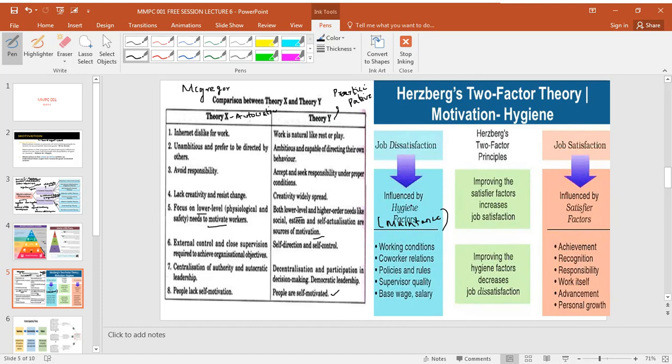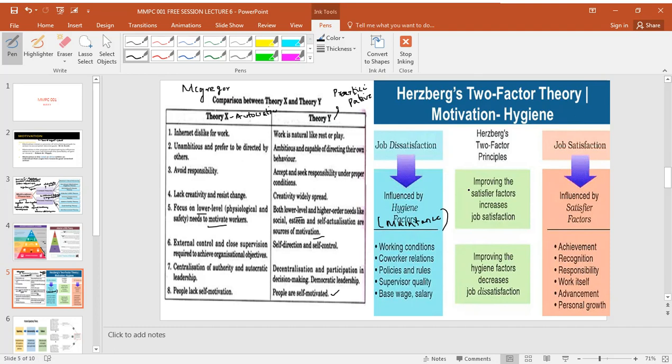But they do not provide motivation to the employee. So these hygiene factors will not motivate the employee, but they reduce the job dissatisfaction, right? The motivational factors are essential for increasing productivity, so they are known as the satisfiers.